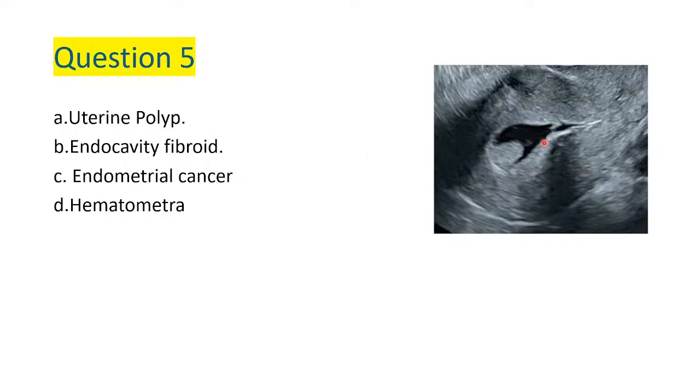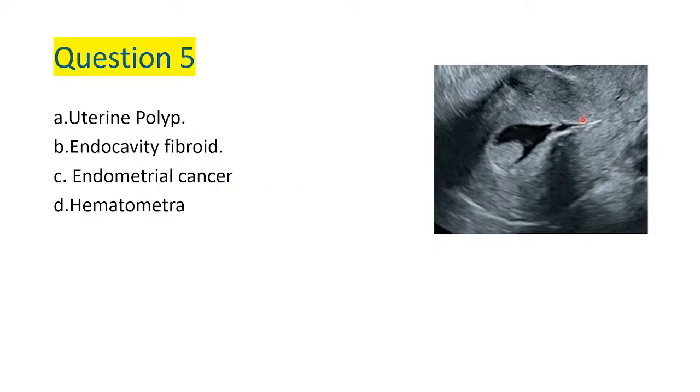A lesion that is uniformly hyperechoic like that in the endometrial cavity is a sonographic feature of a uterine polyp. So this is a polypoid mass. That's a polyp, though there can be overlaps with an endometrial cavity fibroid. But a fibroid normally is not as echogenic as what you're seeing here. This is a small echogenic lesion there.